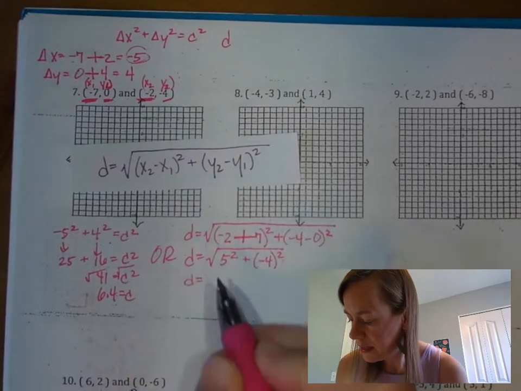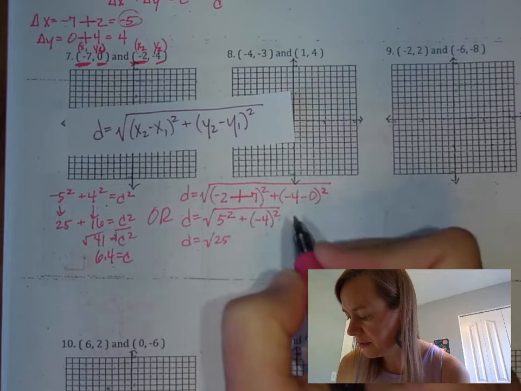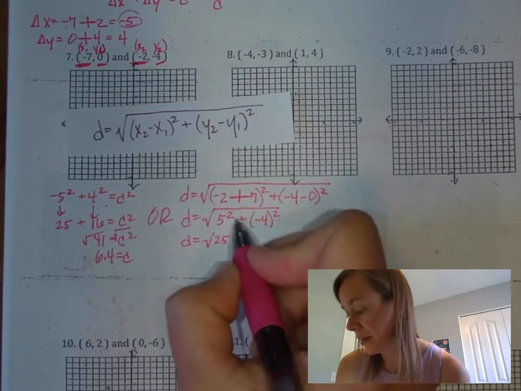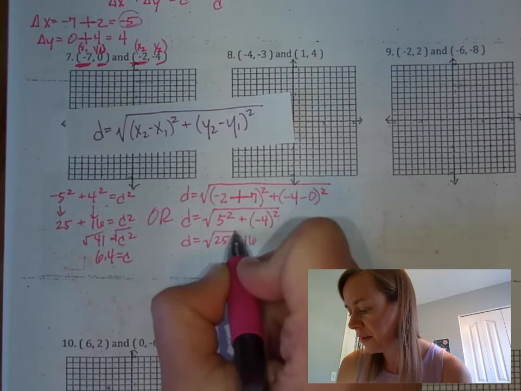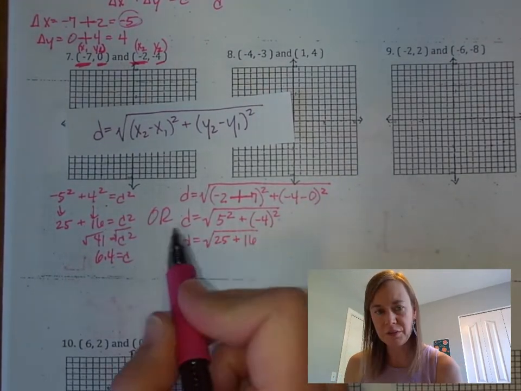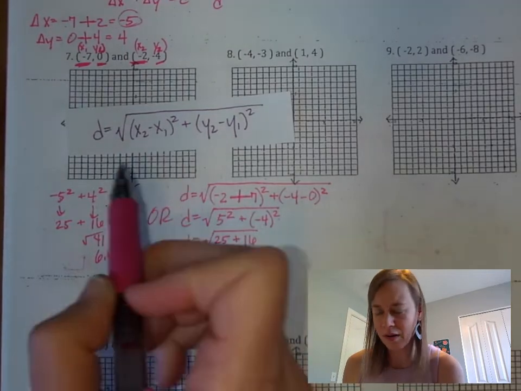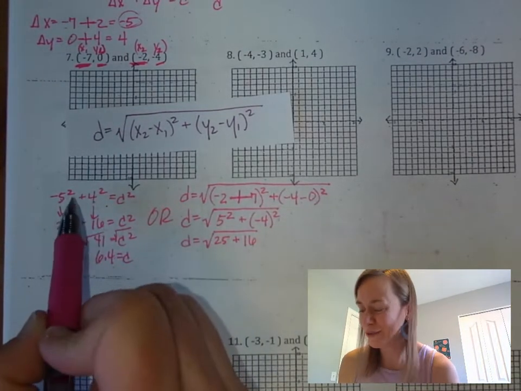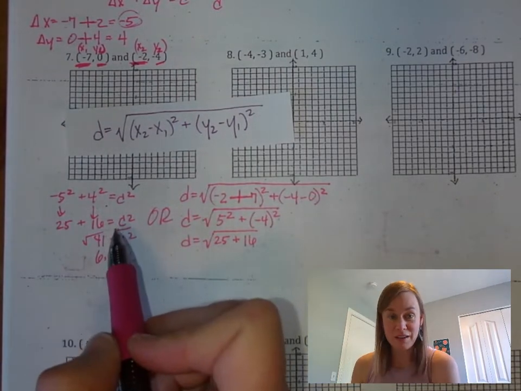And now d equals, let's simplify some more. 5 squared is 25 plus, rather, and then -4 squared is 16. By the way, are you starting to see the similarity to what we did over here? It became 5 squared and basically 4 squared, and we have basically 5 squared and 4 squared here, which becomes 25 plus 16, which is exactly what we have here.